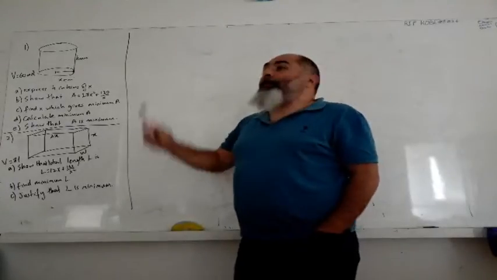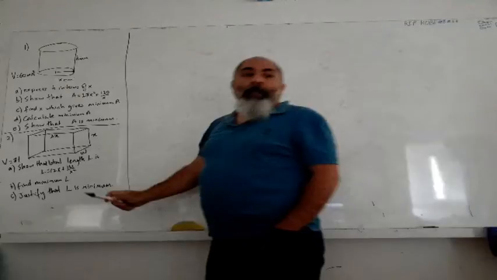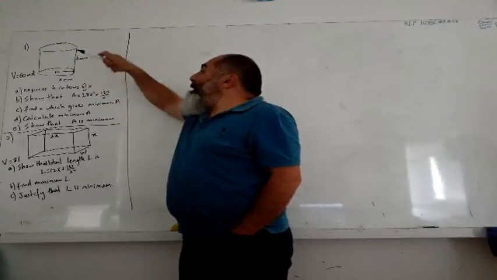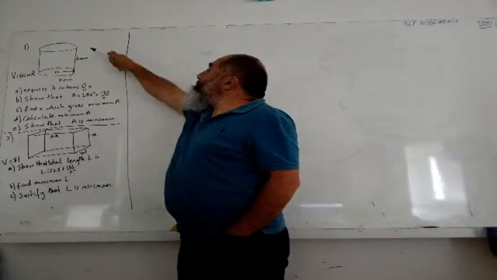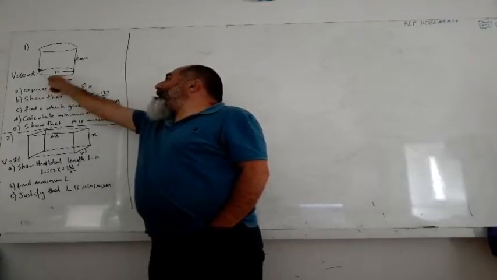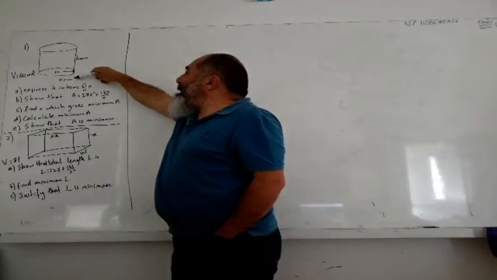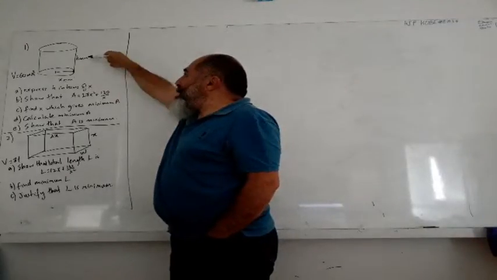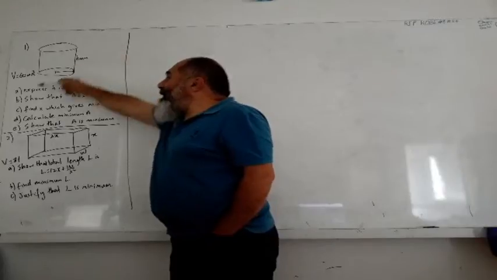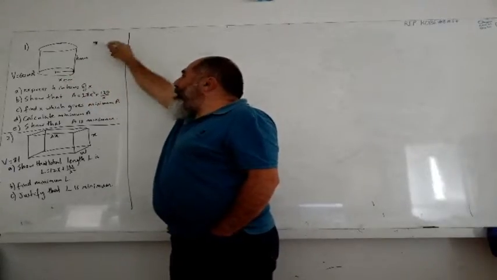Question 1. Here we have a cylinder. Its volume is given as 60 millimeters cubed. The radius is x millimeters. The height is h millimeters. First part of the question is to express h, the height, in terms of the radius, which is x.